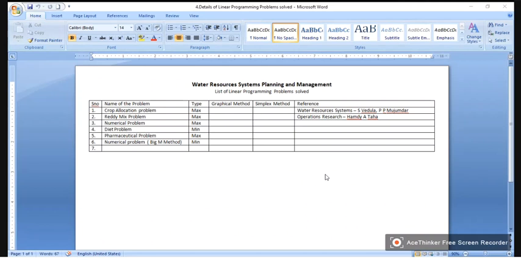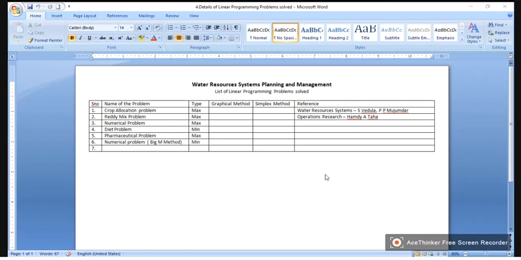So now you can observe that out of the 4 problems, 3 are maximization problems, 1 is minimization problem. Am I right? Yes, sir.